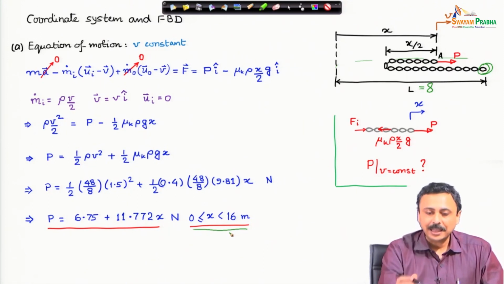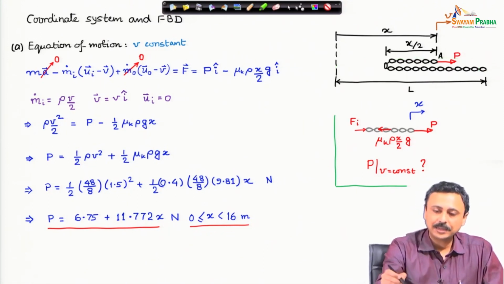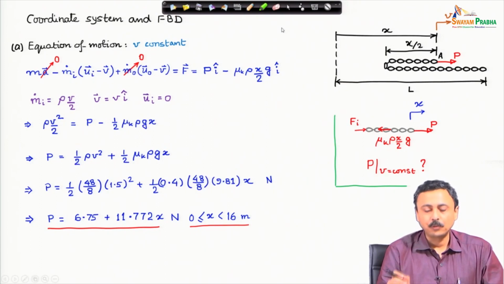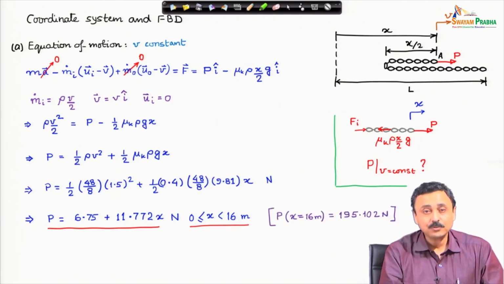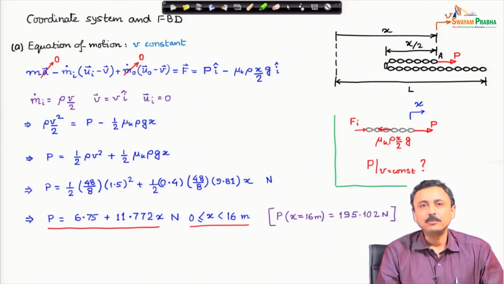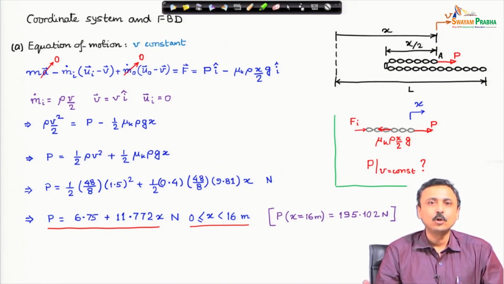Let us just try to calculate what is the force from this formula, what is the force that would be required when x is 16 meter. It turns out to be 195.102 Newton just when the last link is added, but after the last link is added there is no more mass addition.